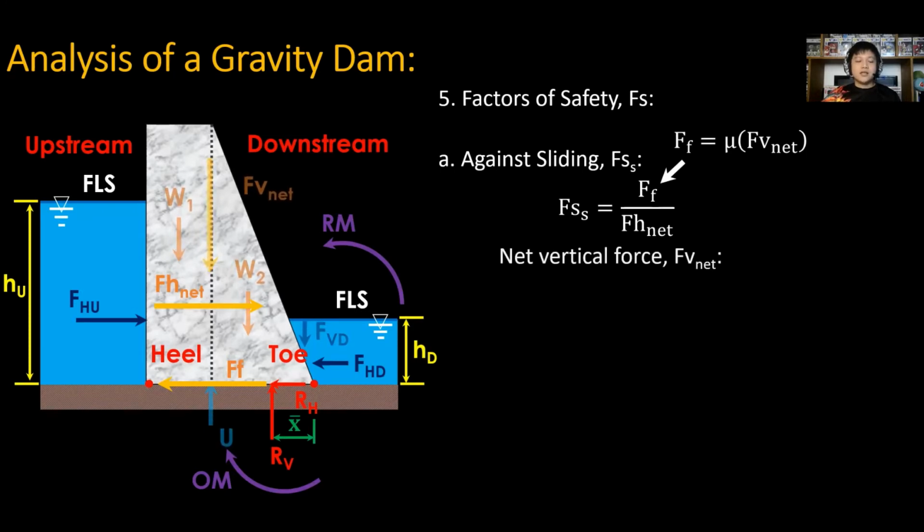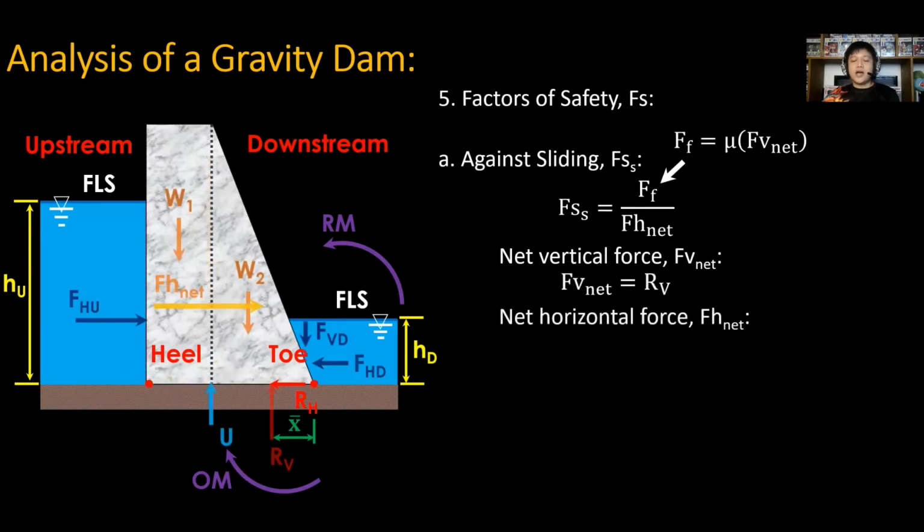For Fv net, from all the vertical forces, the remaining value is equal to the reaction vertical, or RV. While for Fh net, from all the horizontal forces, the remaining value is equal to the reaction horizontal, or RH.